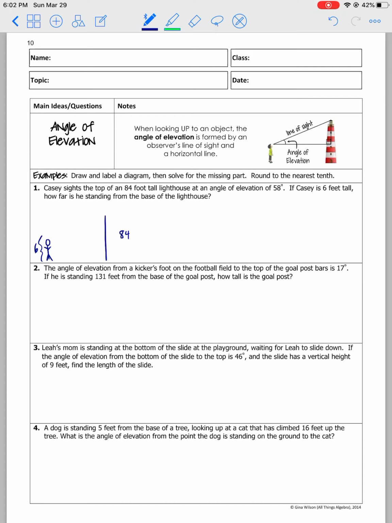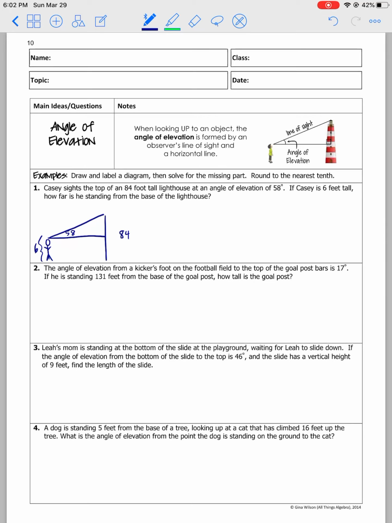So we're not getting into the nuances here of saying, well, if he's 6 feet tall, his eyes are only at like 5'10". No, his eyes, we're going to say, are at 6 feet tall as well. And he's looking up at the top of the lighthouse at a 58-degree angle.